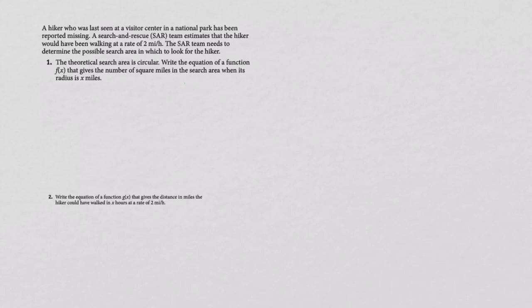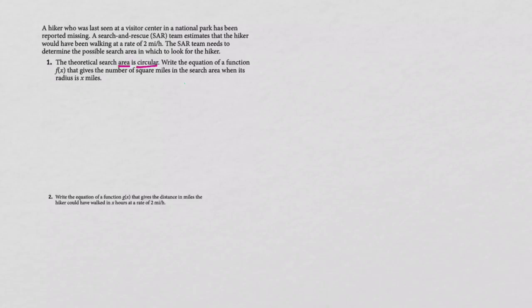Number one, the very first part of this. The theoretical search area is circular. Write an equation of a function f of x that gives the number of square miles in the search area when the radius is x miles. Well, my keywords here are area and circular.